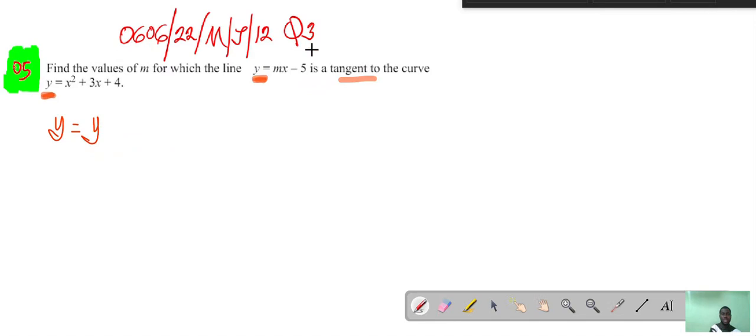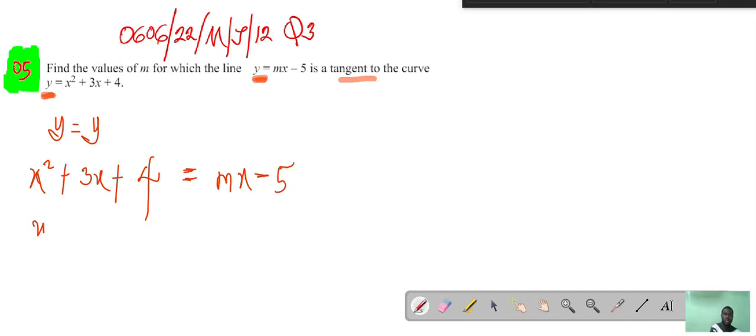So anyone could start with any of the y. I'll prefer to start with x squared plus 3x plus 4 equals mx minus 5. So x squared plus 3x, I could quickly transfer minus mx because I like all x to be together.